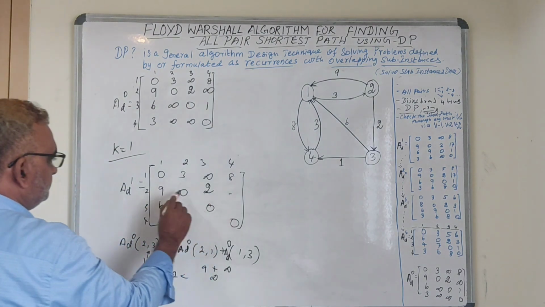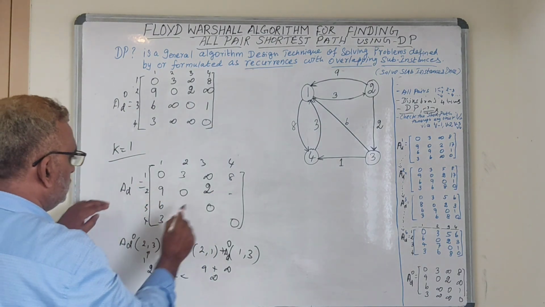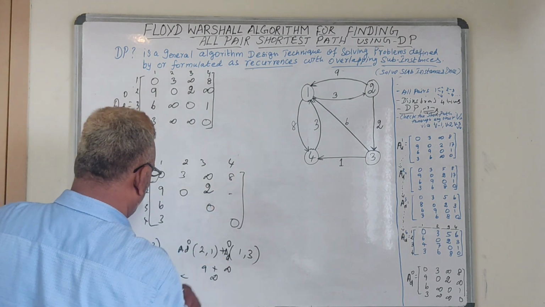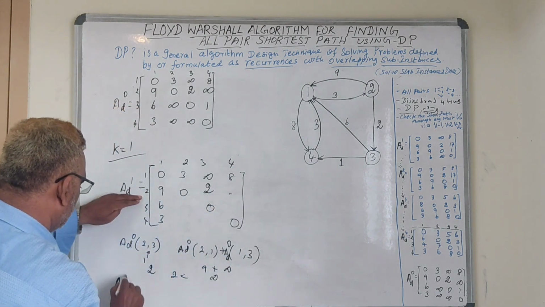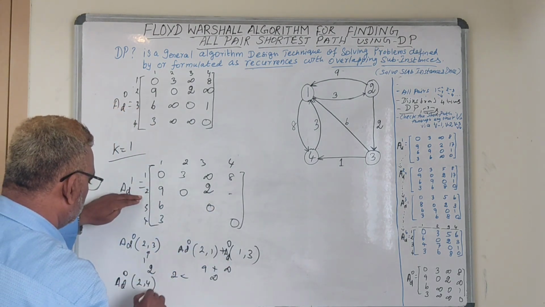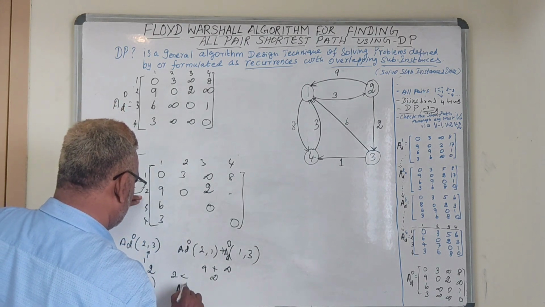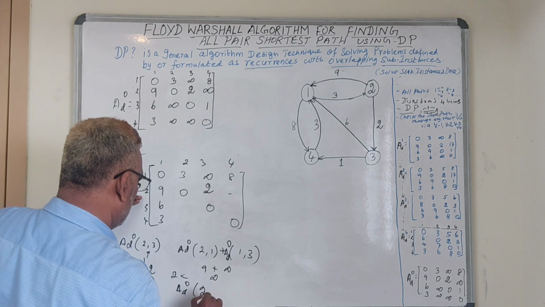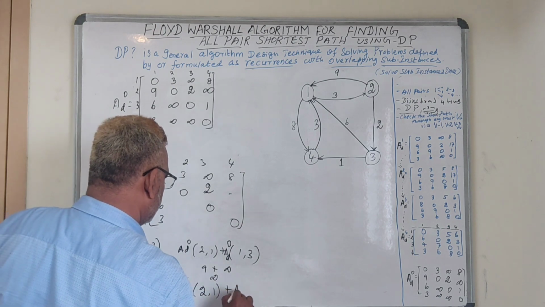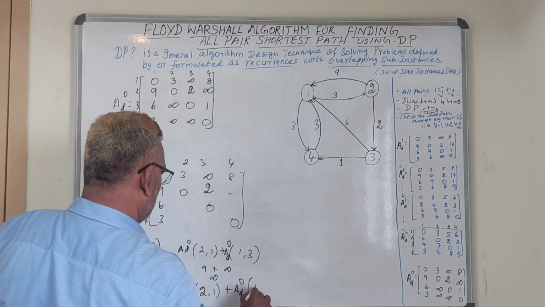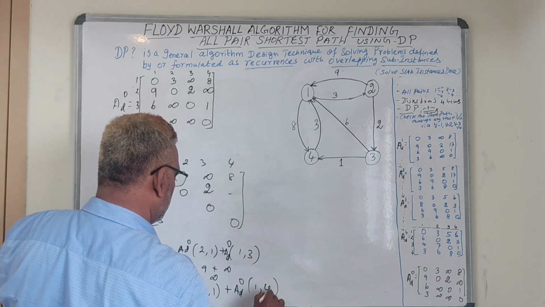Similarly, get the next value. It is 2,4, AD0 2,4. This can be written as AD0 2,1 plus AD0 1,4.